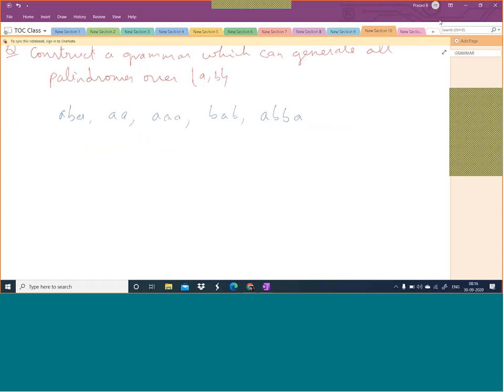A is a palindrome, B is a palindrome, even epsilon is also a palindrome. So here the smallest palindrome is epsilon, after that A and B. We want to generate these small strings and all of these. There will be an infinite number of palindromes over A and B.